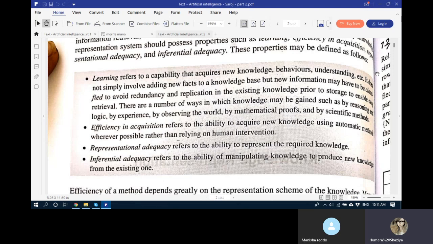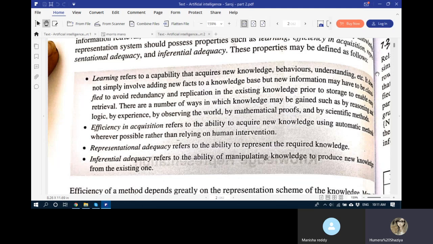If it has a knowledge base that consists of premises or facts, then by the rules and by reasoning it can gain new knowledge; new conclusions are derived. That is learning.